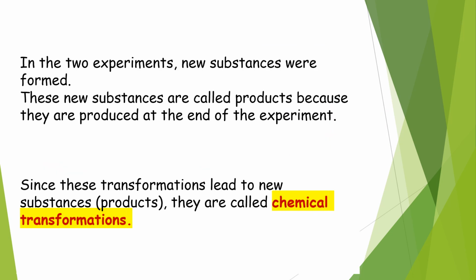In the two experiments, new substances were formed. These new substances are called products because they are produced at the end of the experiment. So, since these transformations lead to new substances that are the products, they are called chemical transformations or chemical changes.